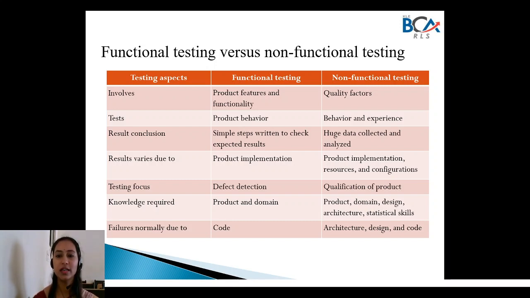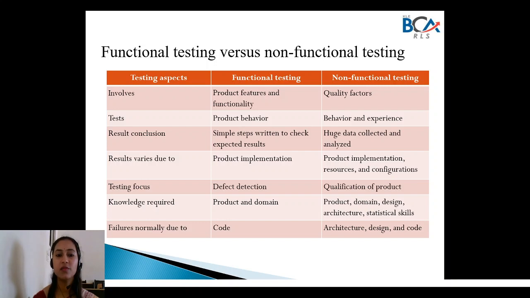The result conclusion is based on simple steps written to check expected results. For non-functional testing, huge data is collected and analyzed. Results vary due to product implementation in functional testing, and in non-functional testing, product implementation plus resources plus configurations.